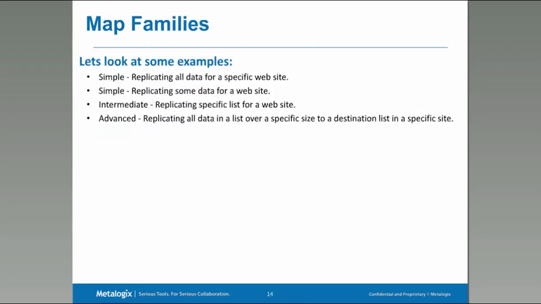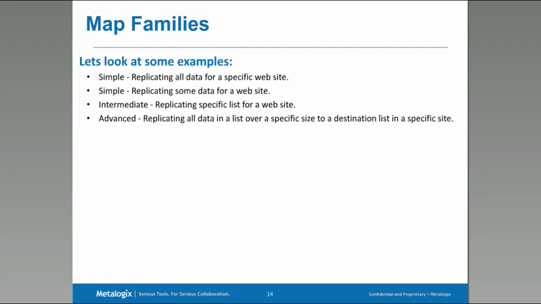All right. So we're going to look at some examples today actually in the product. I've set some up. We're going to go through these examples of map families. So some simple ones first, replicating all the data for a specific website, and then replicating some specific data or events for a website.